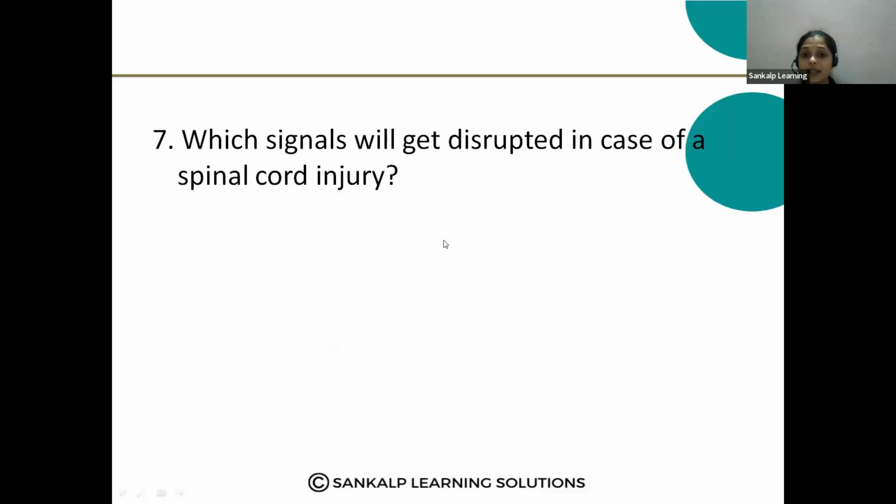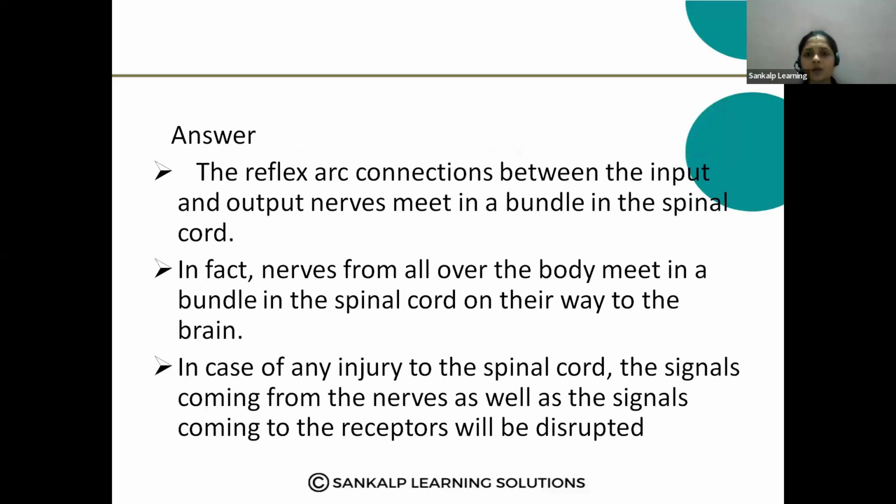Which signals will get disrupted? If the spinal cord is injured, which signal gets disrupted? So see the answer. The reflex arc connection between the input and the output nerves meets in the spinal cord.